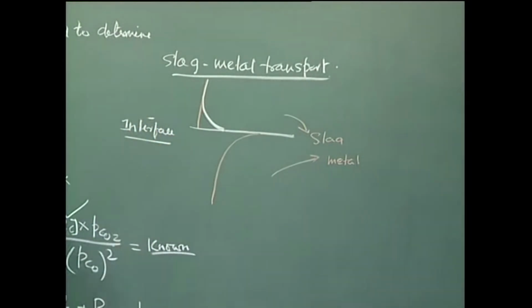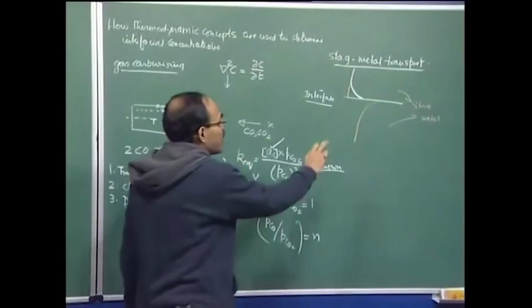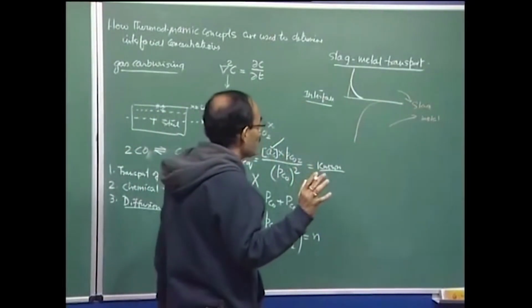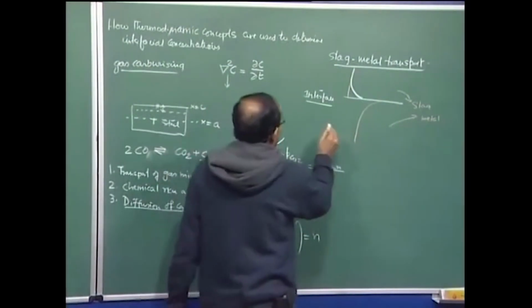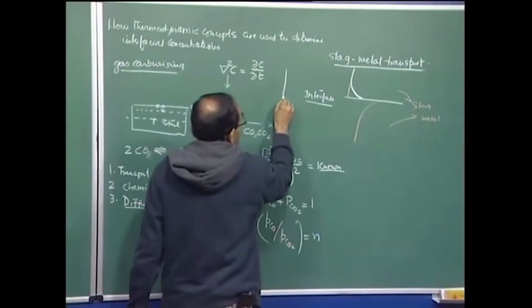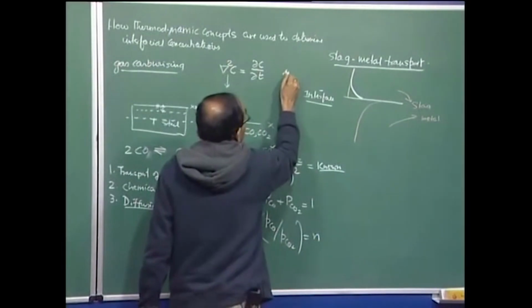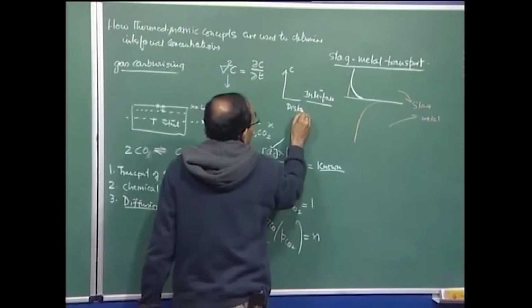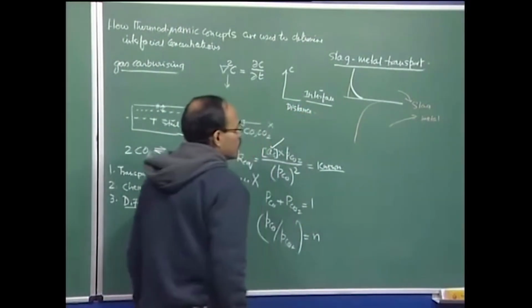If you plot temperature, then you find at the interface you have a constant temperature, but this does not happen when you plot concentration. So, what we are doing is, this is basically concentration and this is basically distance. That is what we are trying to plot. Okay.